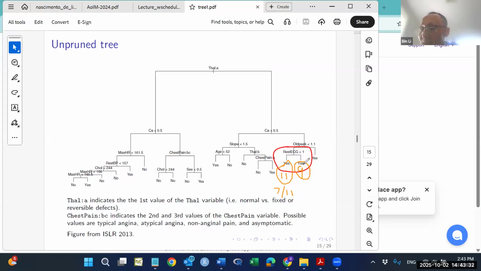So we're very confident that a patient that falls into this node will have heart disease. However, if you fall into that node, we're not that sure. We're not that confident. Although we will predict you will still have heart disease, the chance of heart disease is only 7 out of 11.